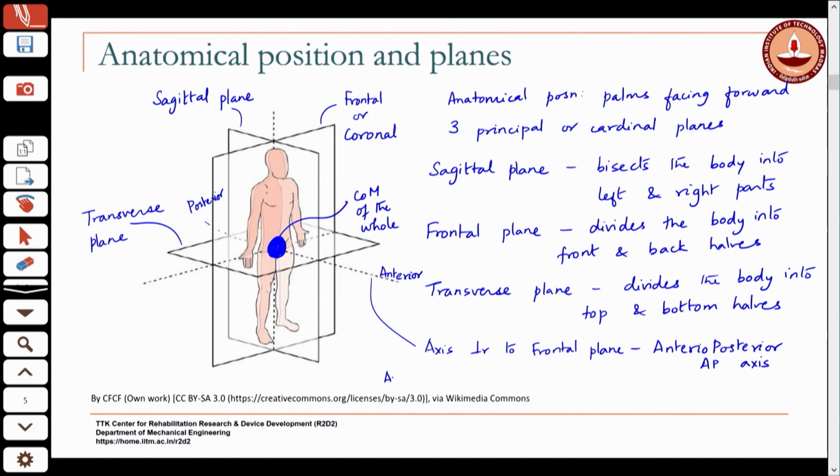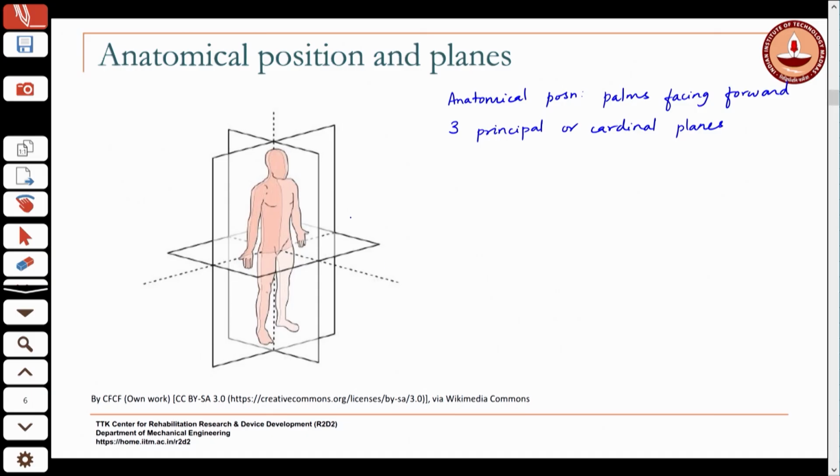Similarly, the axis perpendicular to the sagittal plane is called the mediolateral axis, the ML axis.